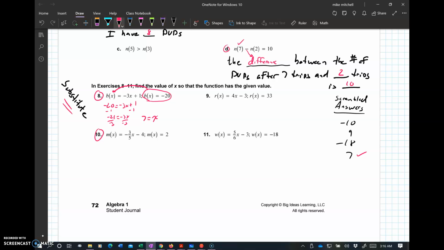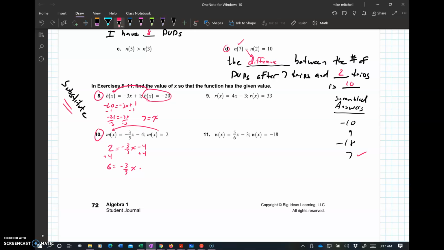Same thing down here. Substitute it in. You're not taking out the x because it's not m of a number. They're saying, hey, m of x came out to 2, so you're taking out the m of x, you're putting in 2. Negative 3/5 x minus 4. I'm going to plus 4 and plus 4. 6 equals negative 3/5 x. You can either multiply by the denominator and then divide.